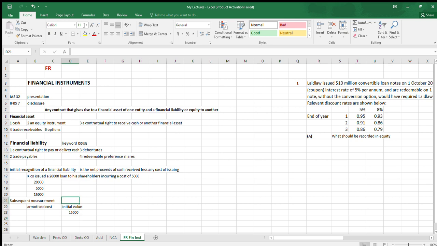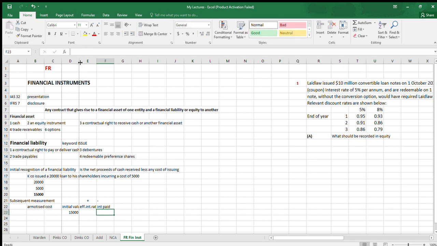Now with the initial value, you add the effective interest rate. Then you subtract the interest paid.